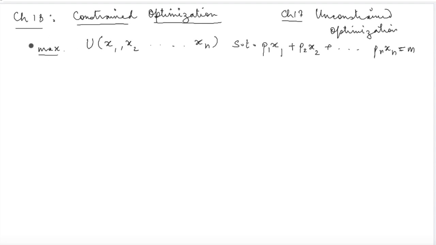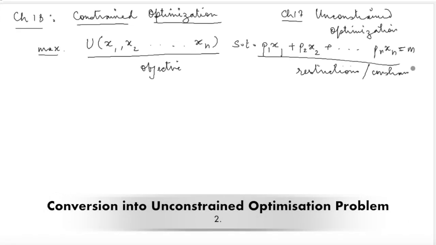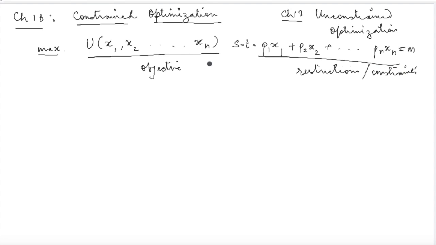More specifically in this case we'll call it a constrained maximization problem because we are maximizing the objective function. So this is called the objective function जिसको आप maximize कर रहे हो और ये यहाँ पे हो जाती हैं constraints या restrictions.